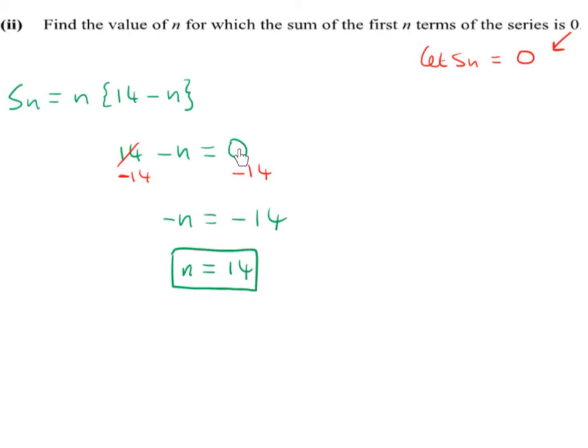We're going to minus 14 from both sides to cancel out that 14. Bring down the minus n, bring down the 0. 0 minus 14 is minus 14. Change this to positive, and change this to positive. So n is equal to 14. So the value of n for which the sum of the first n terms is 0 is 14.